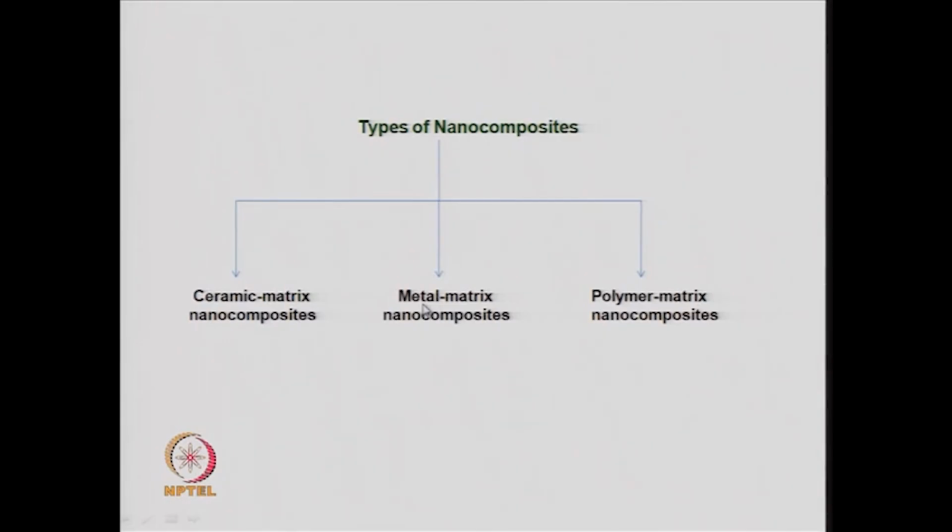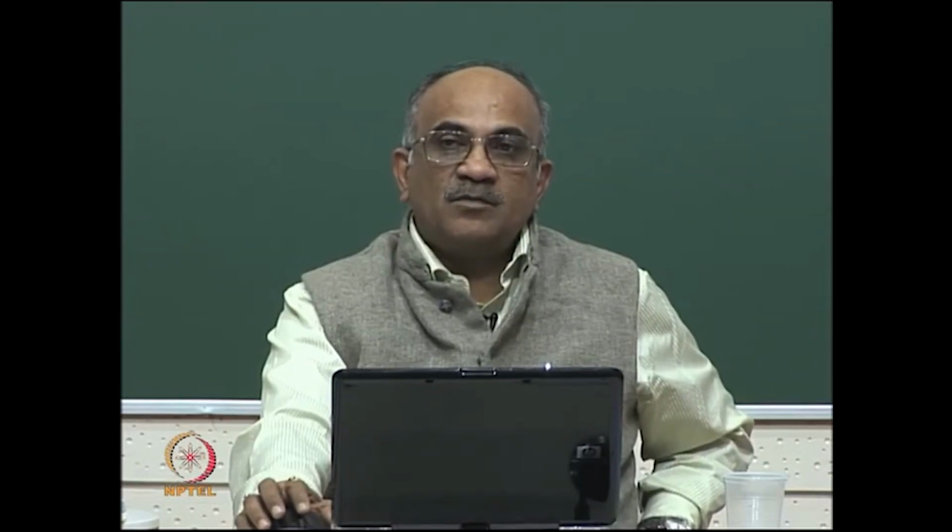However, if you have a nanoparticle which is, for example, a ceramic, with a matrix which is, for example, a polymer or another bulk ceramic having micron sized particles, then that is a ceramic matrix nanocomposite.